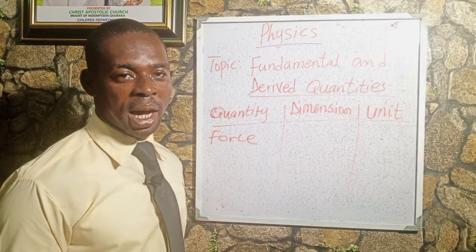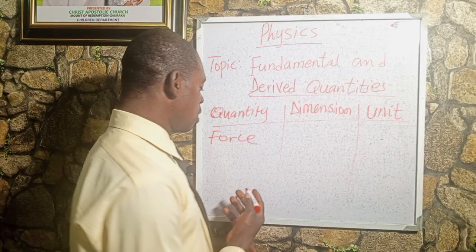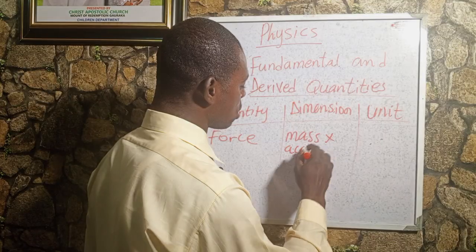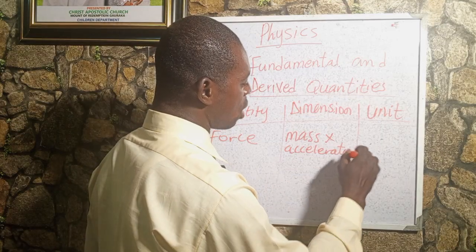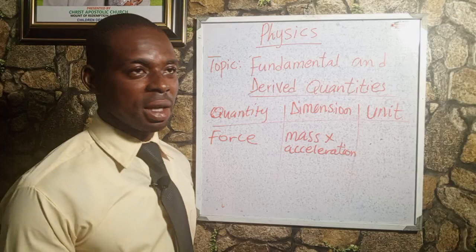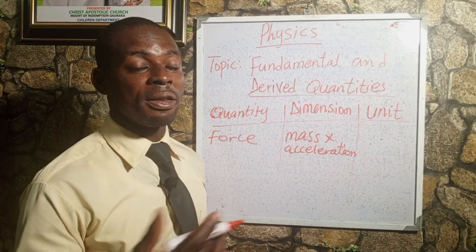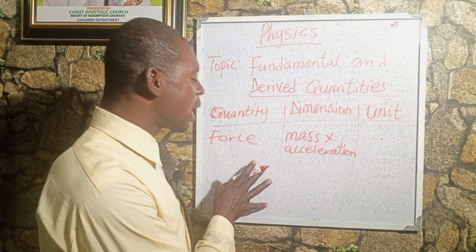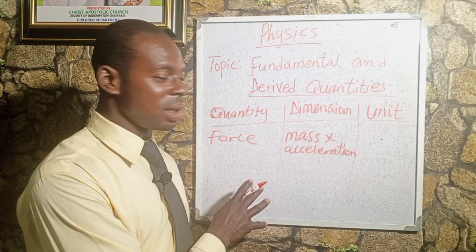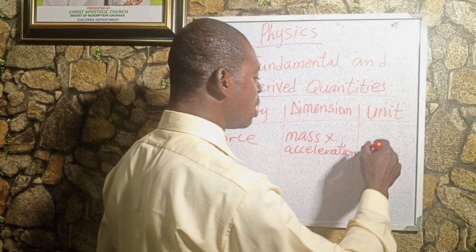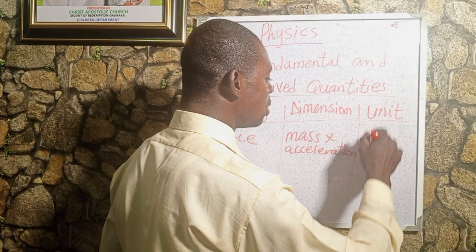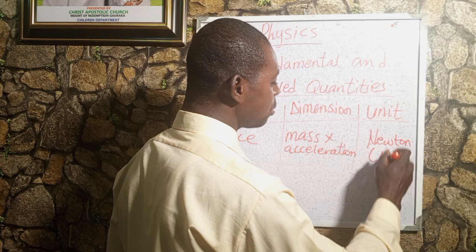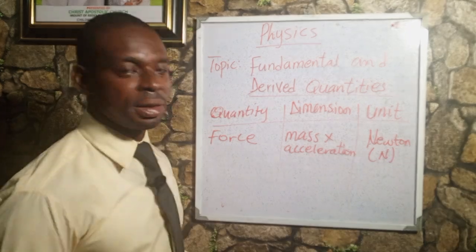Force is an example of derived quantities, and force is mass times acceleration. These dimensions are also like formulas. We can use this dimension as a formula to get some of these derived quantities. Do you understand? And force is measured in Newton.